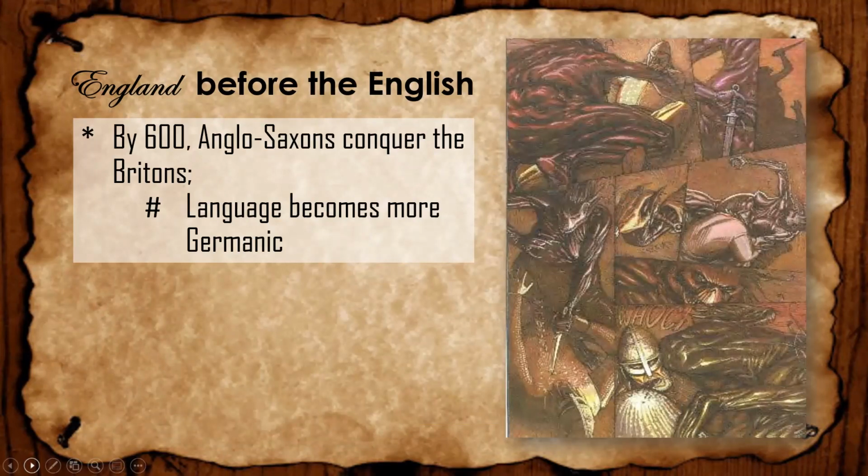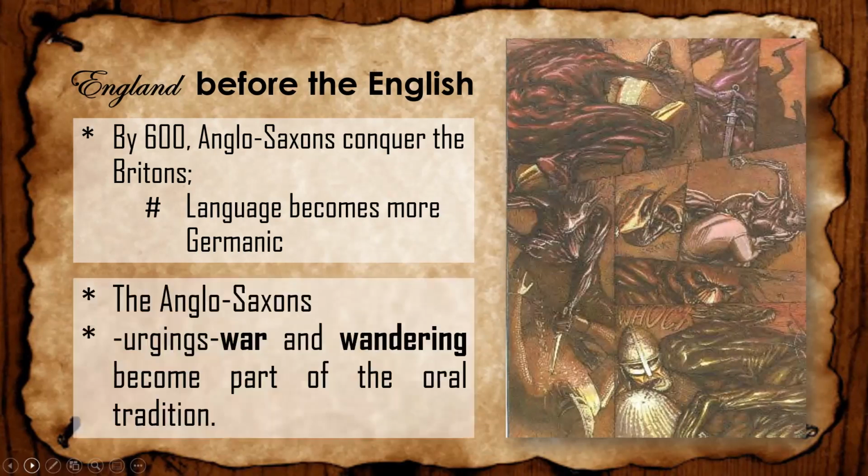So, civilization dito nun. Of course, the conquers of different tribes. The Anglo-Saxons conquered the Britons. The common language is Germanic, right?